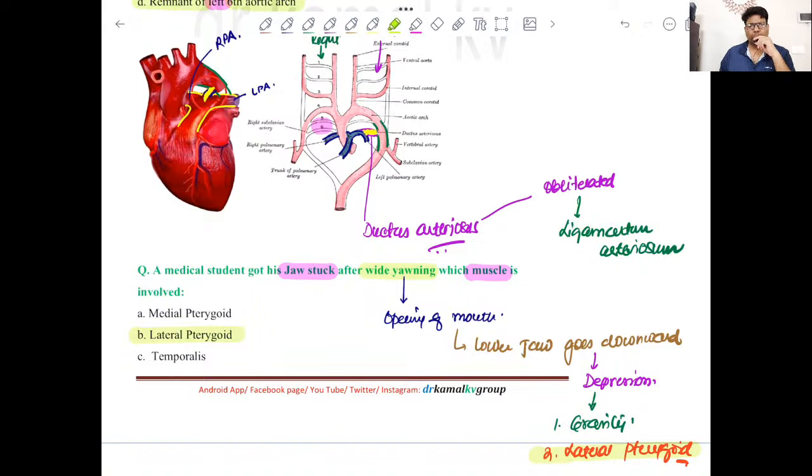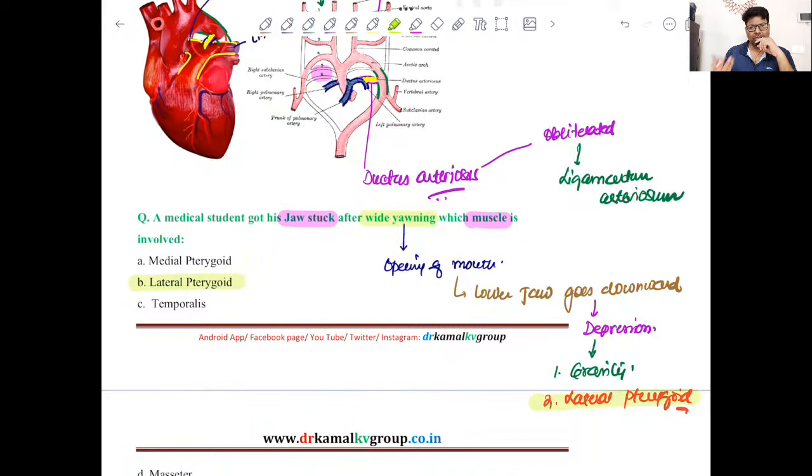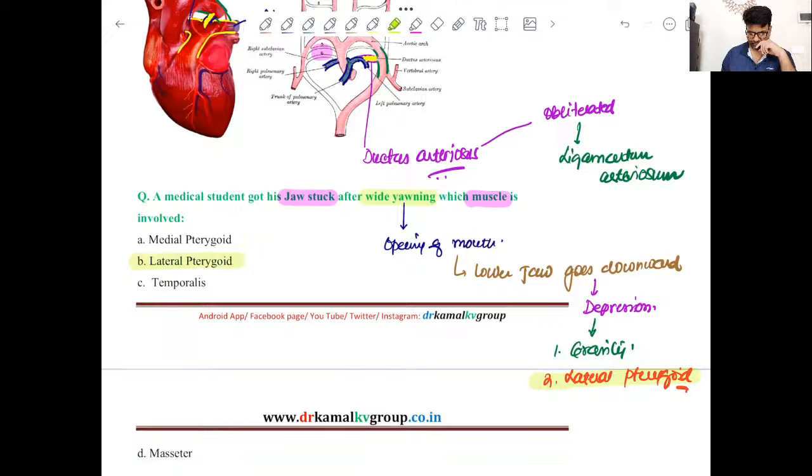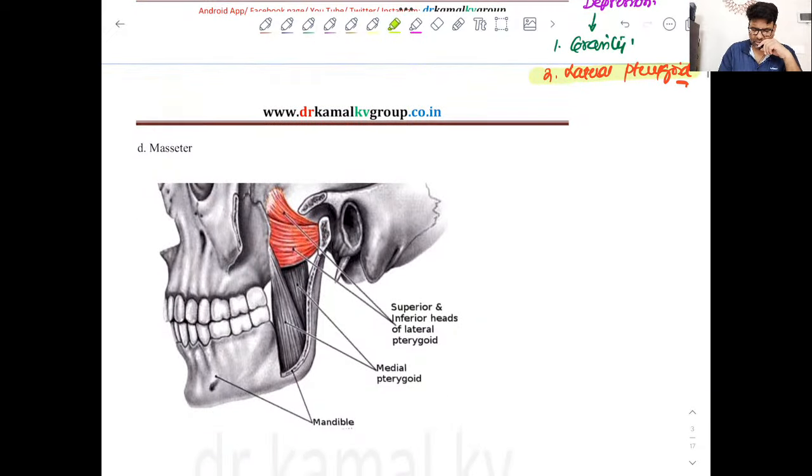So a very simple statement has been presented in such a complicated manner. It was nothing except depression of the mandible, which was asked here. Here we can see the two heads of lateral pterygoid.